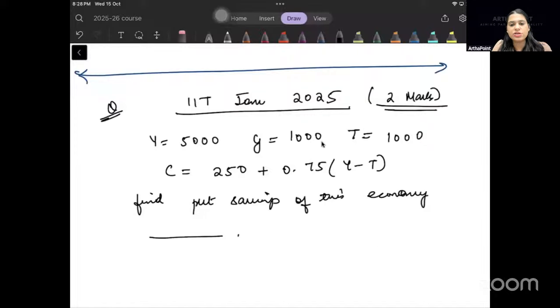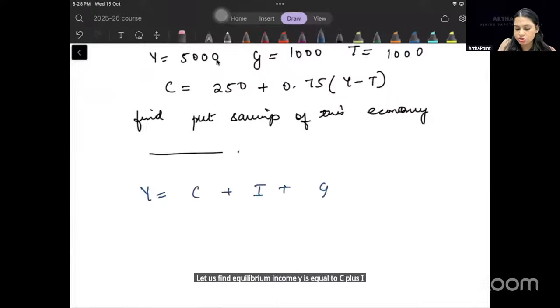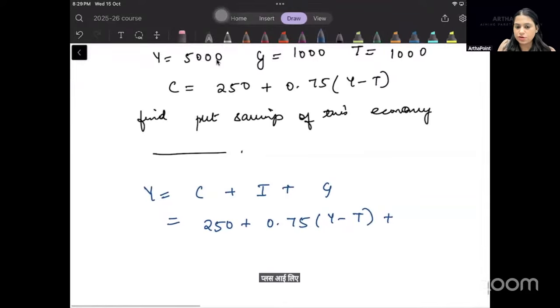One seven five zero. How about others? Okay. Let's find equilibrium income. Y is equal to C plus I plus G. Plus I is not given, plus G. Right?